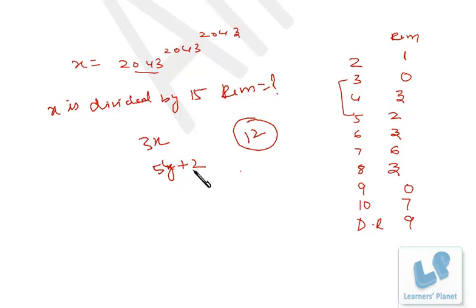If I put y as 1, I get 7, that's not a multiple of 3. If I put y as 2, I get 12, that is a multiple of 3, and it is in the 5y plus 2 format. That means if I divide it by 15, the remainder will be 12, right? It is that simple. Similarly, if this is divided by 12, then what will be the remainder? Now 12 is what?